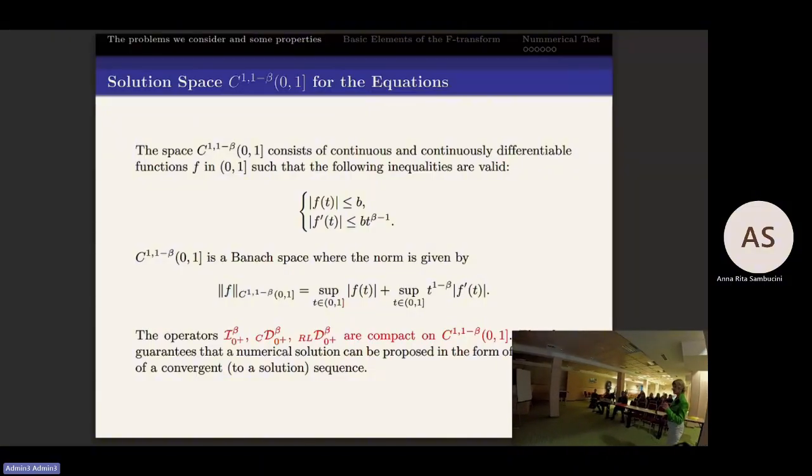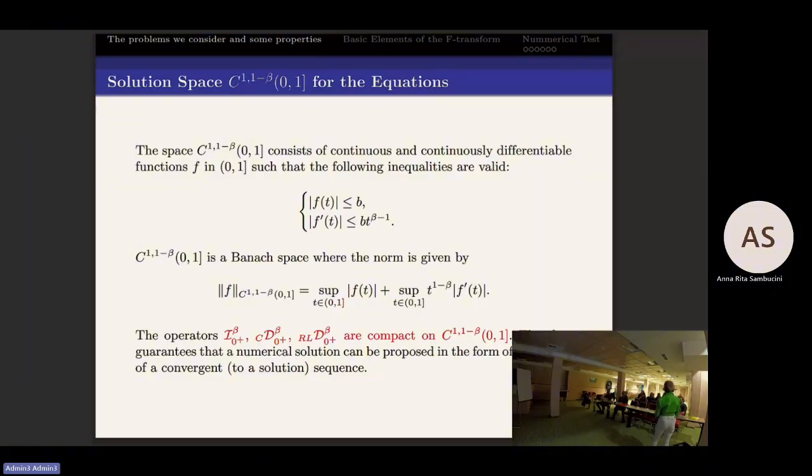Again, I will not read. We will do it quicker. So the restrictions tells us about that the function should be bounded, and its first derivative should be bounded as well. However, this boundary is again a bit tricky, because here you see the same parameter is involved. And the solution is unique in this type of Banach space. This is complete functional space where the norm is given by this expression.